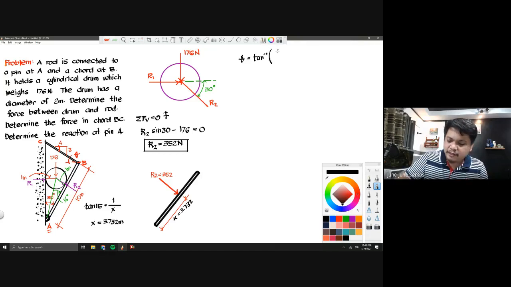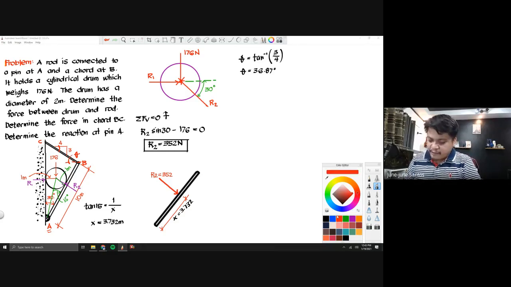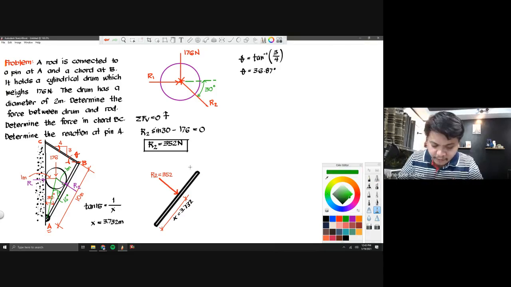Then opposite, which is 3 all over 4. Okay? So I have now the theta, arc tangent of 3 over 4. So that is around 36.87 degrees. Kaya lang, that 36.87 degrees, okay, that is coming from the horizontal. Okay? So galing po dito yon.